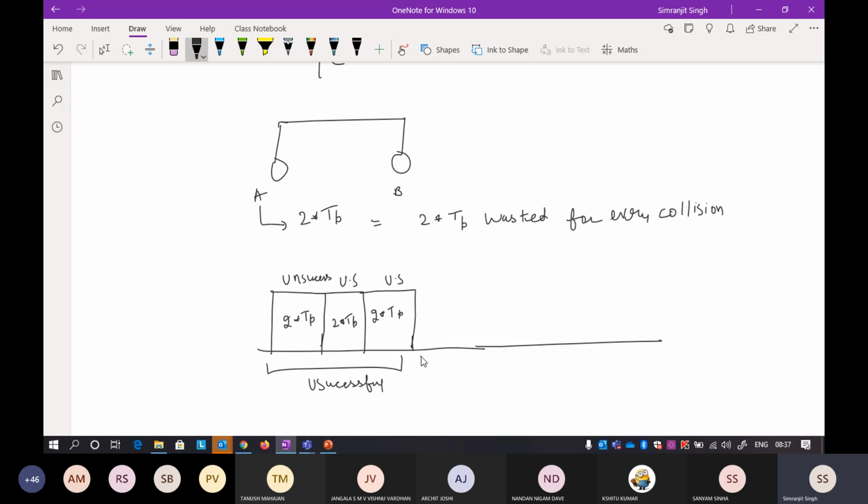A successful transmission only requires the transmission time and the propagation time, because there is no collision. If there is another unsuccessful one, you again have to wait 2 into TP, 2 into TP, 2 into TP, and this goes on like this.